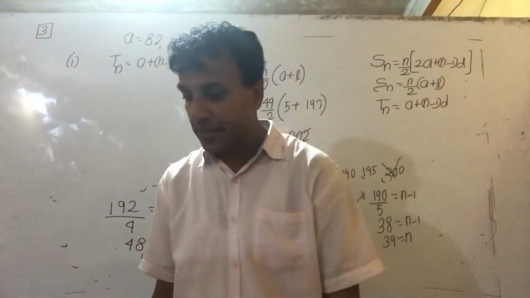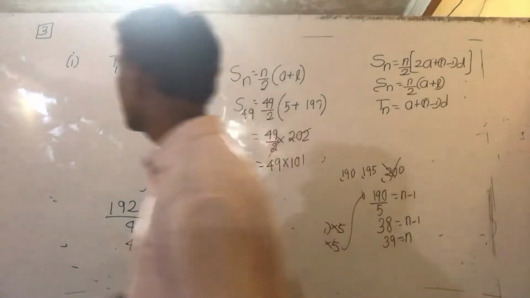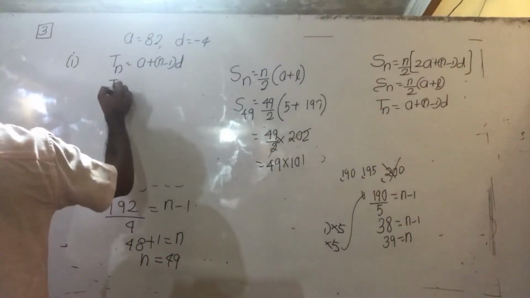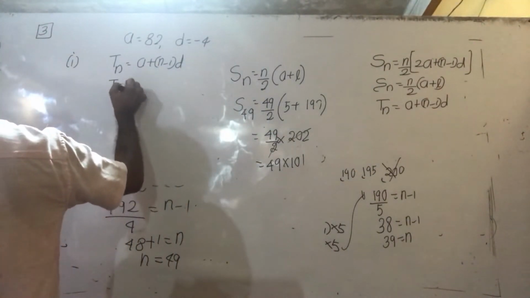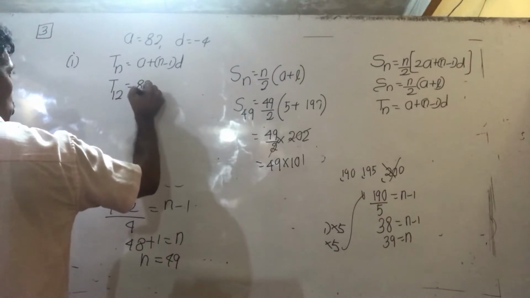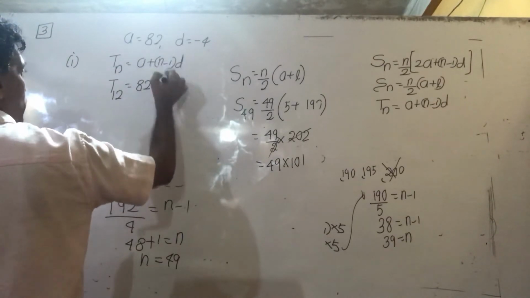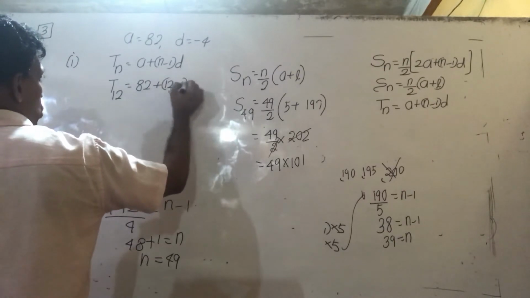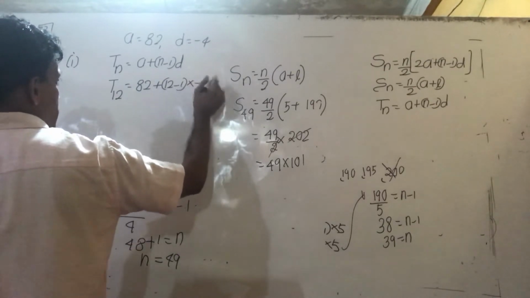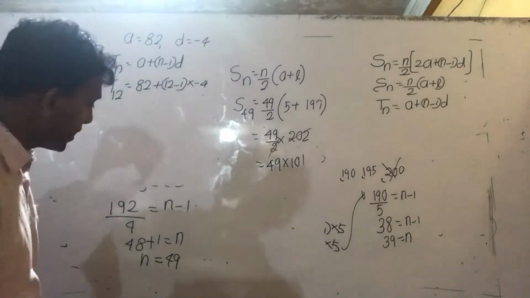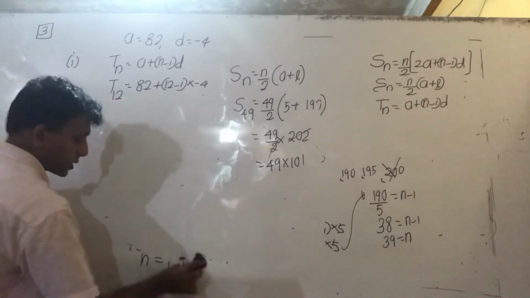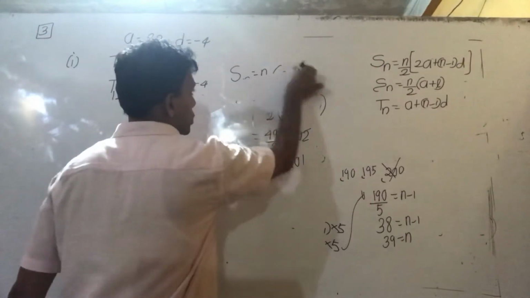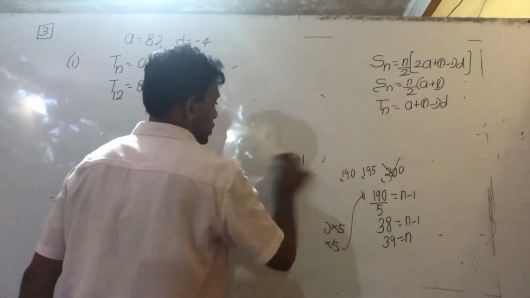They ask to find the 12th term. So T12, a for 82, n for 12 minus 1, common difference -4. Now simplify, get the answer.